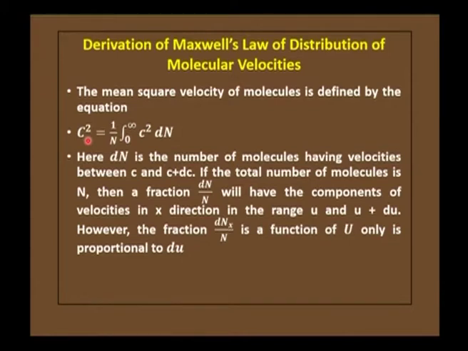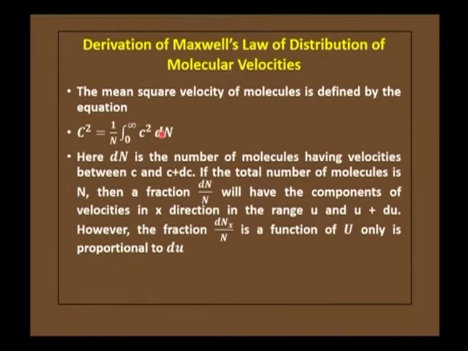Therefore, the mean square velocity of a molecule is defined by the relation c squared, which is 1 divided by N integral 0 to infinity c squared dN, where dN is the number of molecules having velocities between c and c plus dc.